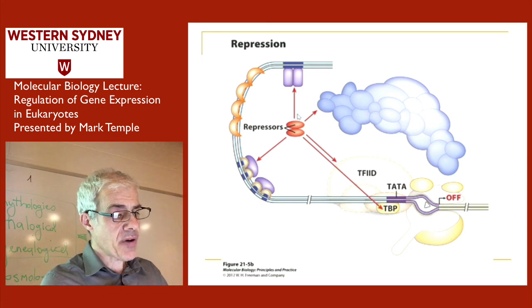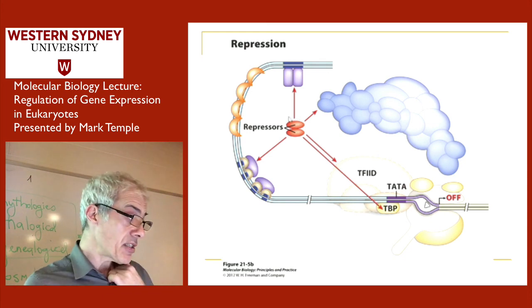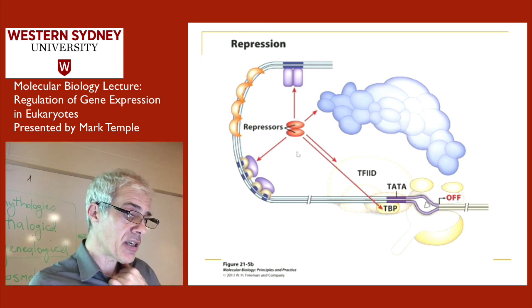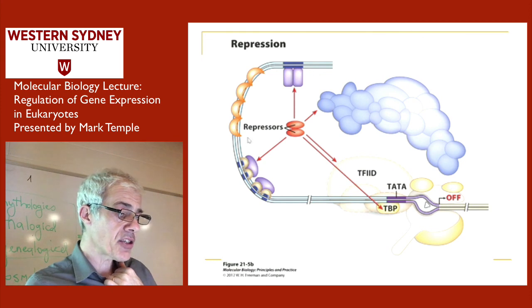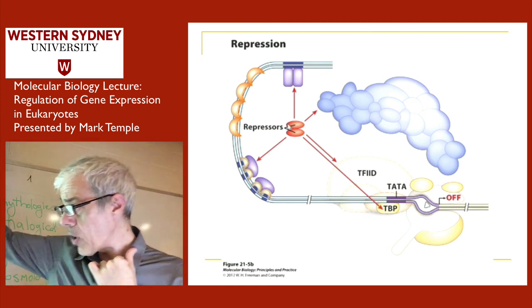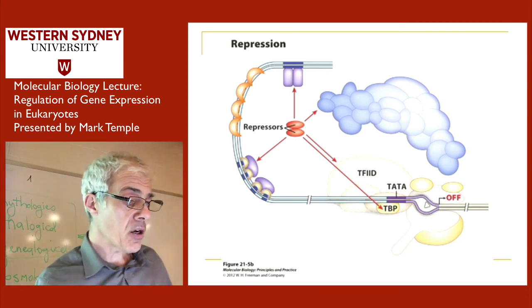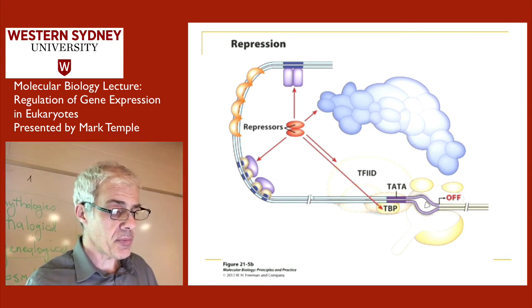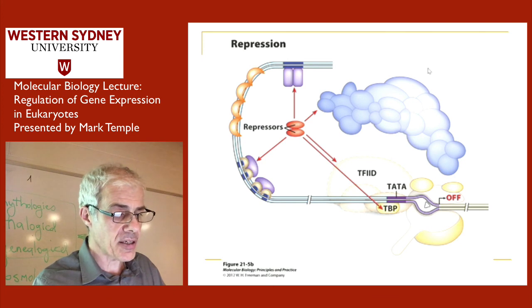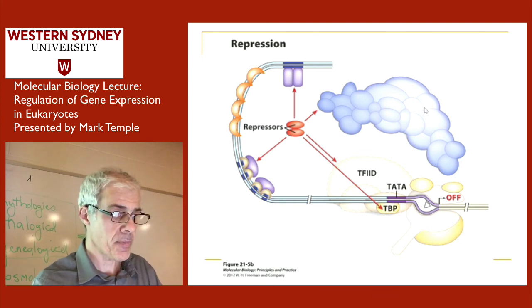In the absence of a steroid hormone, it's acting as a repressor and inhibiting some of these protein-protein interactions. The steroid hormone can come along, bind to the repressor, and change its structure, and then cause the repressor to bind to DNA or to change its protein-protein interactions.